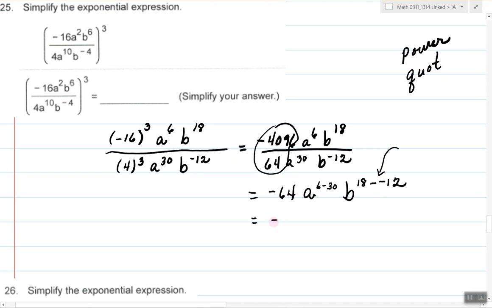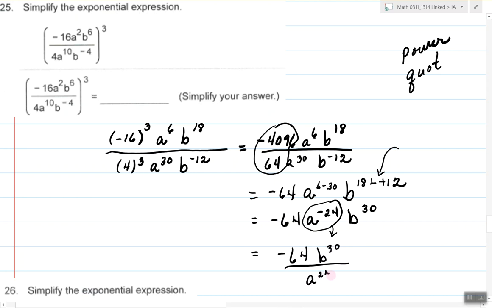So this is negative 64, a to the negative 24th power, b to the minus minus turns plus 30th. So you might not have expected it earlier, but this is the factor that's going to move. That's negative 64, b to the 30th, over a to the 24th.